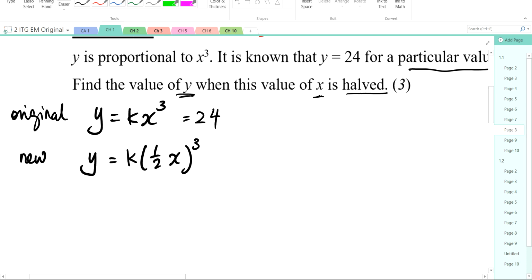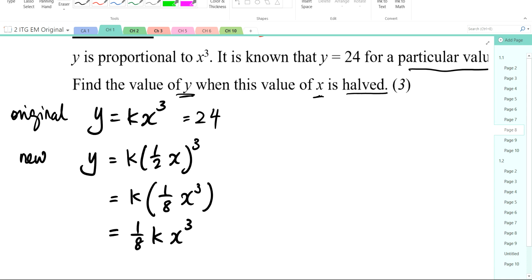Okay? So let us simplify. We get k times 1 over 8 x cubed. Agree? Half to the power of 3 is 1 over 8. So this is 1 over 8 kx cubed. Okay so far?